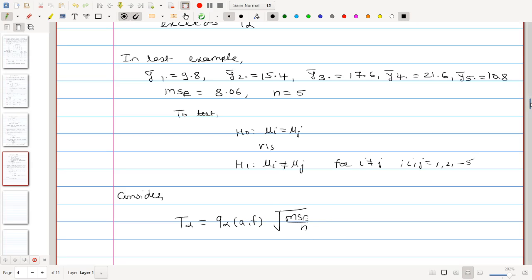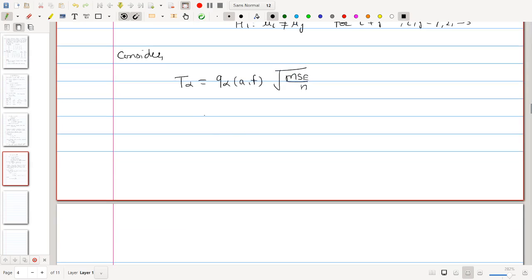So here take alpha as 0.05, T 0.05, a is the number of treatments, which is 5, error degrees of freedom are 20, under root of MSE, you know MSE in that example is 8.06 and n is 5. Now Q 0.05, 5 comma 20 is obtained from the table.